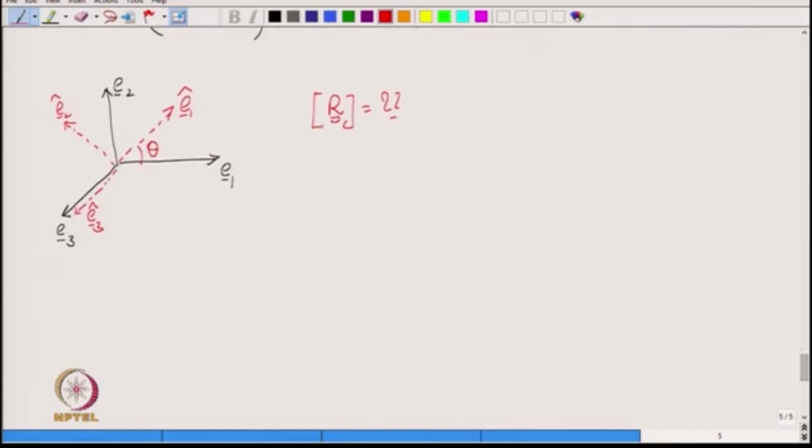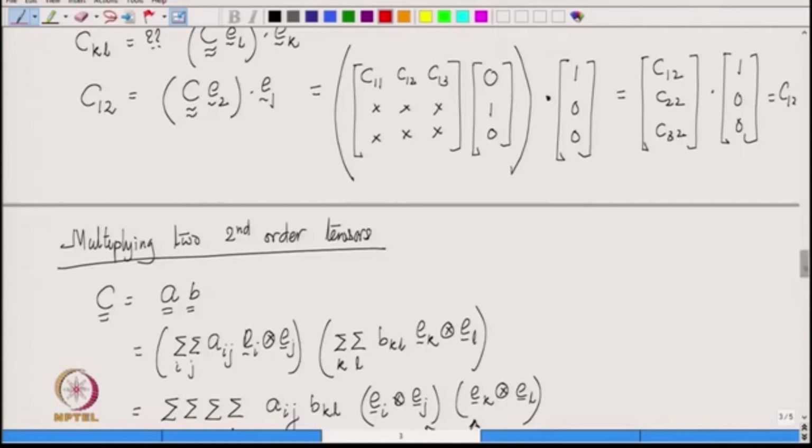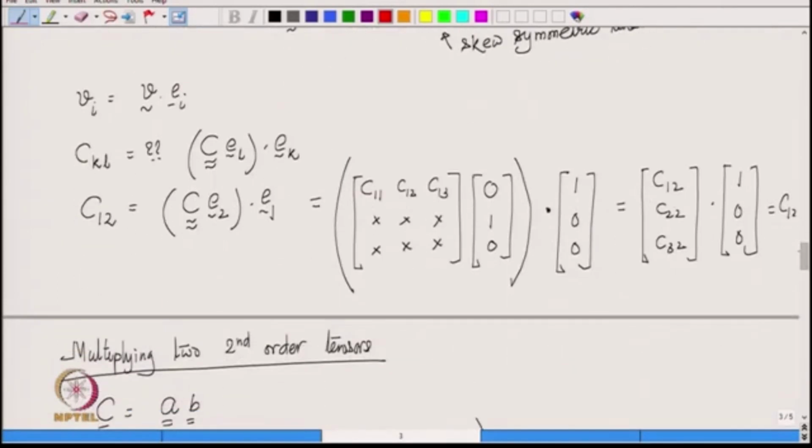Now, do you recall for a tensor what is R i j? You can go back. You see C k l is C times E l dot E k.